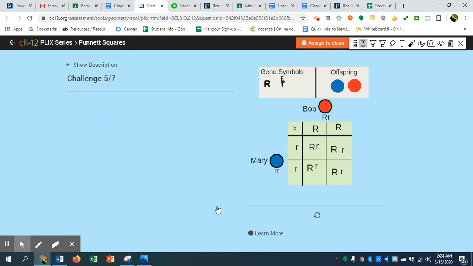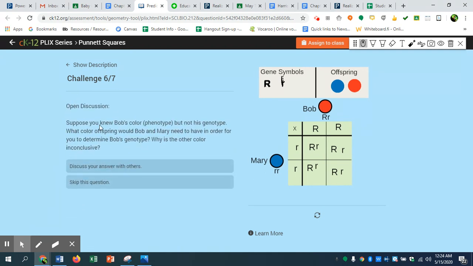Okay, so now next. Now, suppose you knew Bob's color, his phenotype, what he looked like, but not his genotype. What color offspring would Bob and Mary need to have in order for you to determine Bob's genotype? So the only way that you can tell what Bob's genotype is, because take a look.